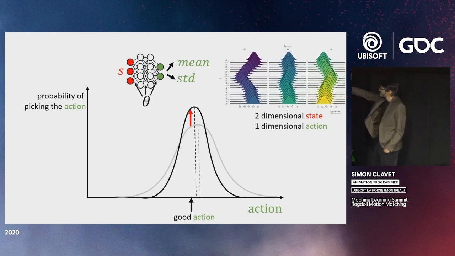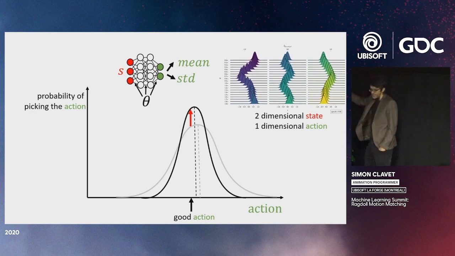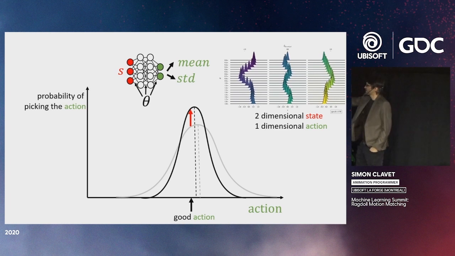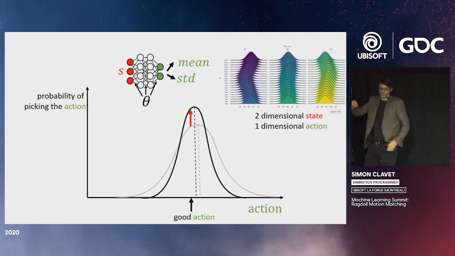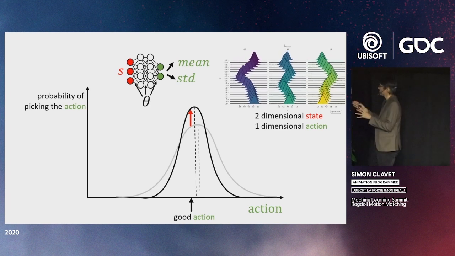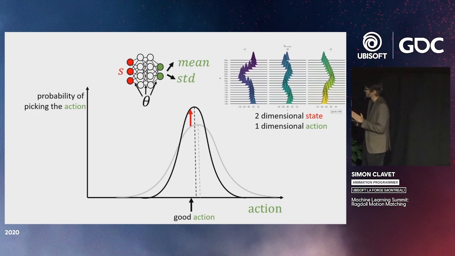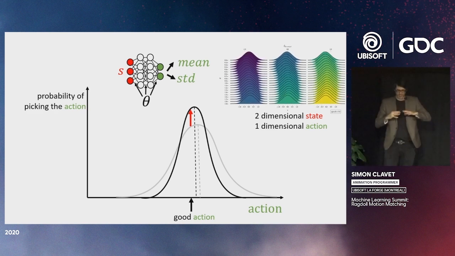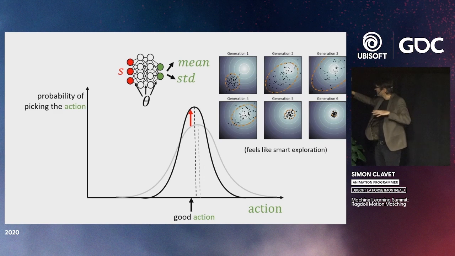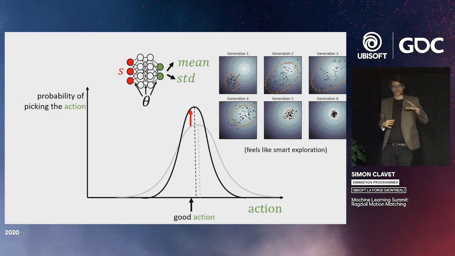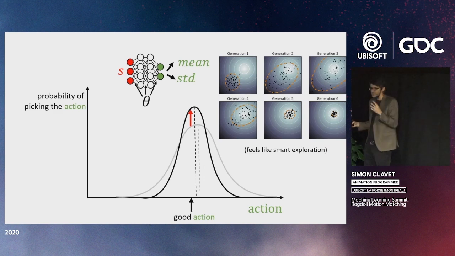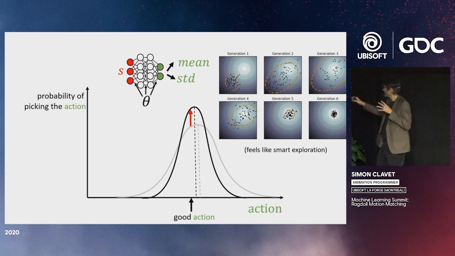Each of these little curves is for one state, and the action is 1-dimensional. As the thing is learning, it becomes more focused on the solution. It's like a little breathing of exploration and exploitation. The exploration dilemma is a really big thing, so we need to be smart about it. So it's like breathing your exploration like this.